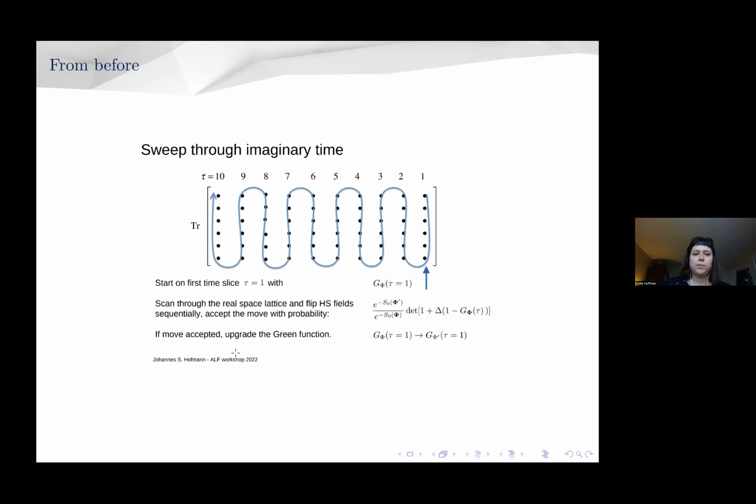So as a review from yesterday, the slide he showed that really these updates, the formula for making updates in a fast way or in a stable way involves this equal time Green's function. So not only is it useful for computing the observables, because it really is the base of these equal time correlation functions, but it's also the base of making updates throughout the algorithm.